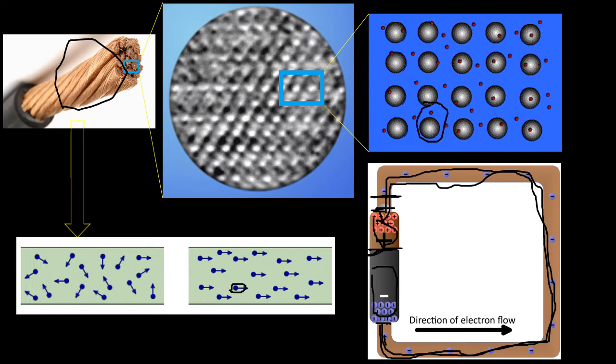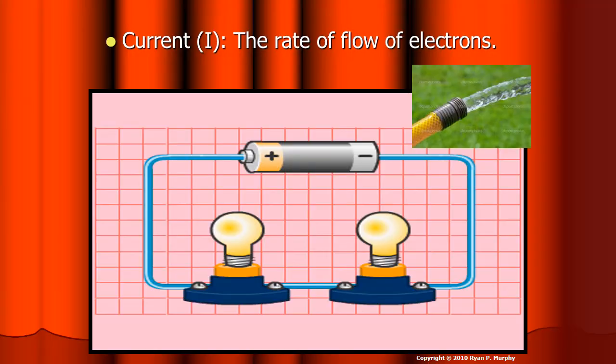Again, just like water, if we cut off this side and block it off here, the water is not going to flow through the hose. It's going to get stuck and stop there. Same thing with electricity. It needs to be connected from one end to the other end without any breaks in between. So current is basically the rate of flow of electrons.